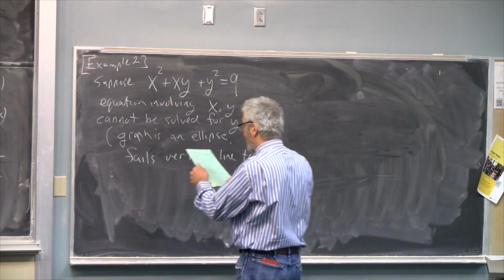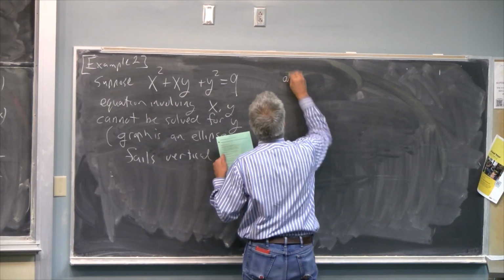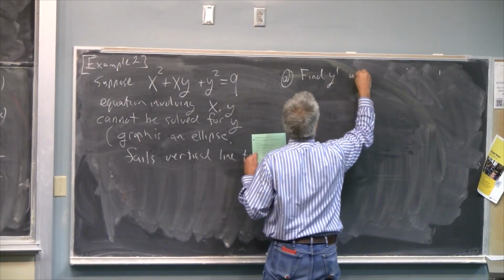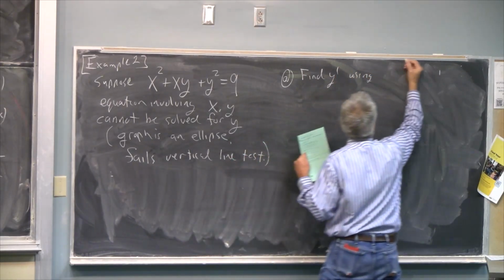So I'm going to have three questions. A, find y prime using implicit differentiation.